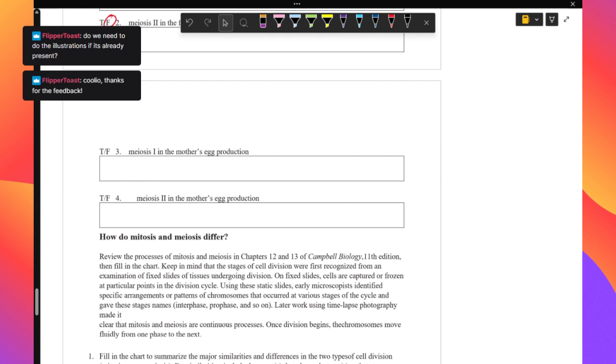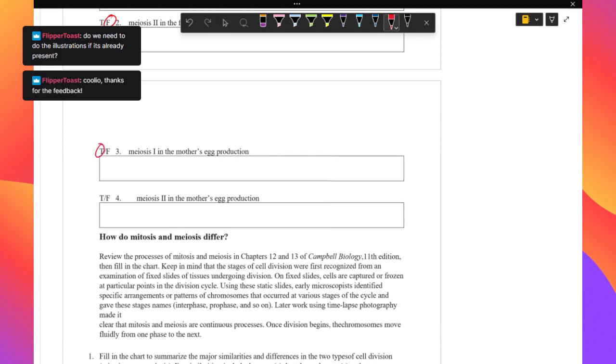Number 3, if it occurred in meiosis 1 in the mother's egg production, yes. Similar story here. So non-disjunction in meiosis 1 of egg production could produce eggs with 2 X's or no X's. I'm just going to do a dash for nothing.